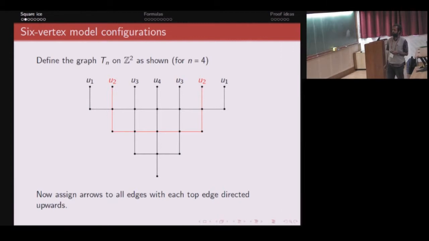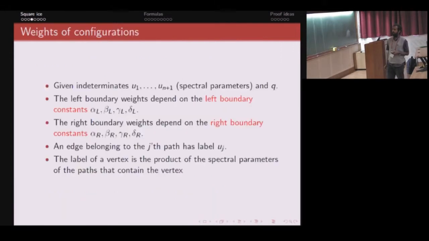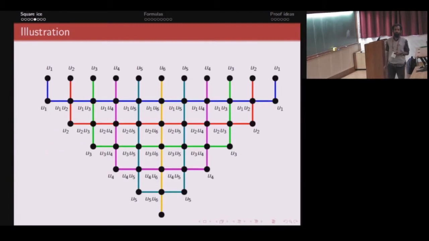So u1 for this, u2 for this, and so on. And you have some boundary parameters, many of them. For every vertex, you get a weight which is the product of the weights of the edges that are incident to it. So for example, this vertex gets a weight u5 from this path and a weight u2 from this path, so it has weight u2u5.